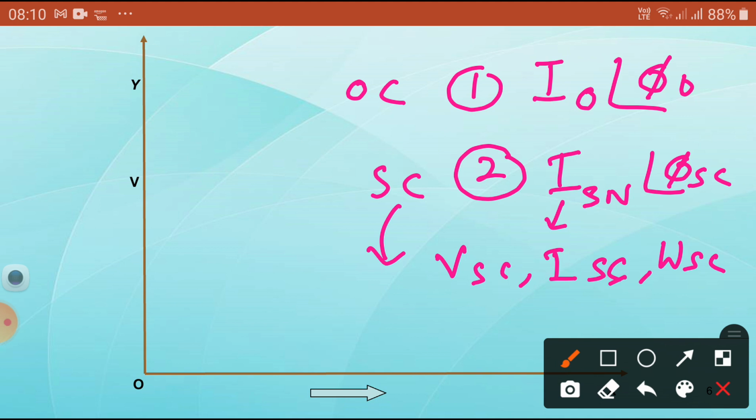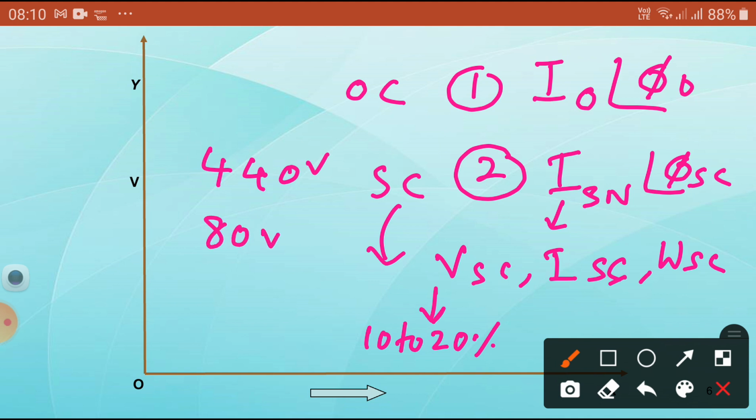Now, the voltage applied in this test is only 10 to 20 percent of rated. For example, our motor is 440 volts, so we give nearly 80 volts, a low voltage. Then the full load current flows. At this reduced voltage, our meter shows some power.